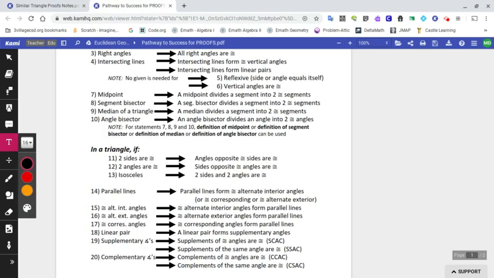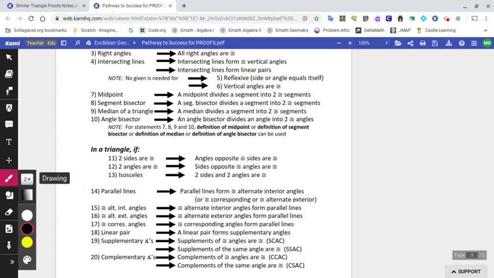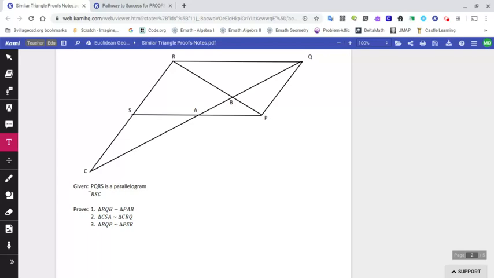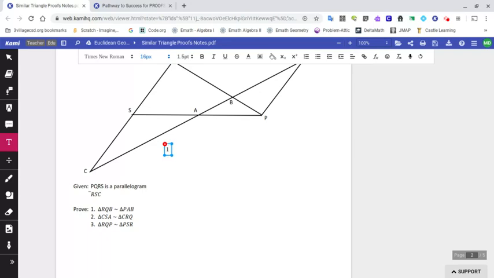And here's the pathway to success for proofs, and we're going to be talking about this section of it right here, that deals with parallel lines, corresponding angles, and alternate interior angles, etc. So getting back to this. PQRS is a parallelogram, so I'll start there. PQRS, a parallelogram.